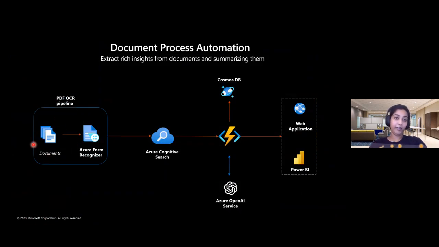If you have a lot of PDF documents, again, remember Form Recognizer that I mentioned before as the OCR capability, you can use that to extract the information from the documents, digitize all that information, use something like cognitive search or the semantic search from within Azure OpenAI to search through those documents to find whatever you're looking for, and then summarize it using Azure OpenAI again, using the summarization capability, and then store it in something like Cosmos or send it to a web application or a Power BI for insights. Again, end-to-end, this uses a number of different services where obviously the key is Azure OpenAI, but it does use these other things with it as well.